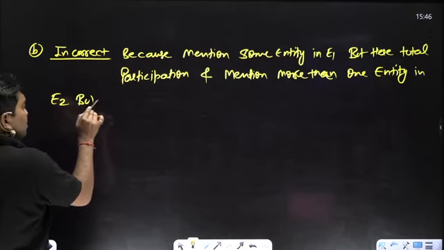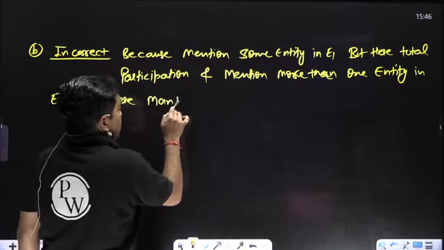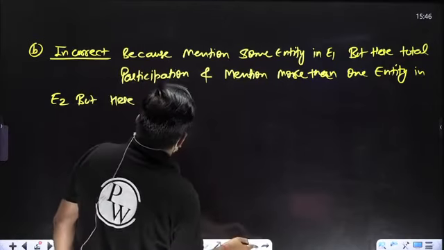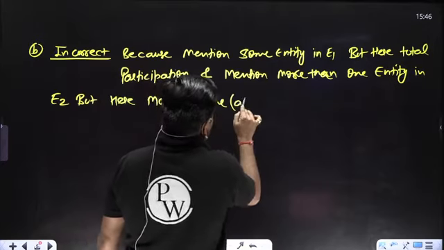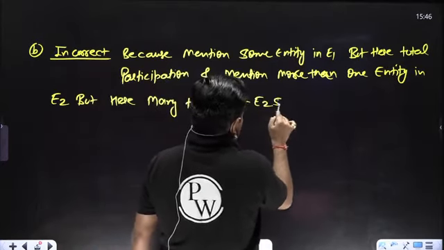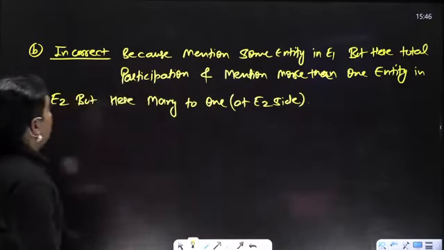But here it is many to one, so there is one at the E2 side. Clear? That's why it is completely incorrect.